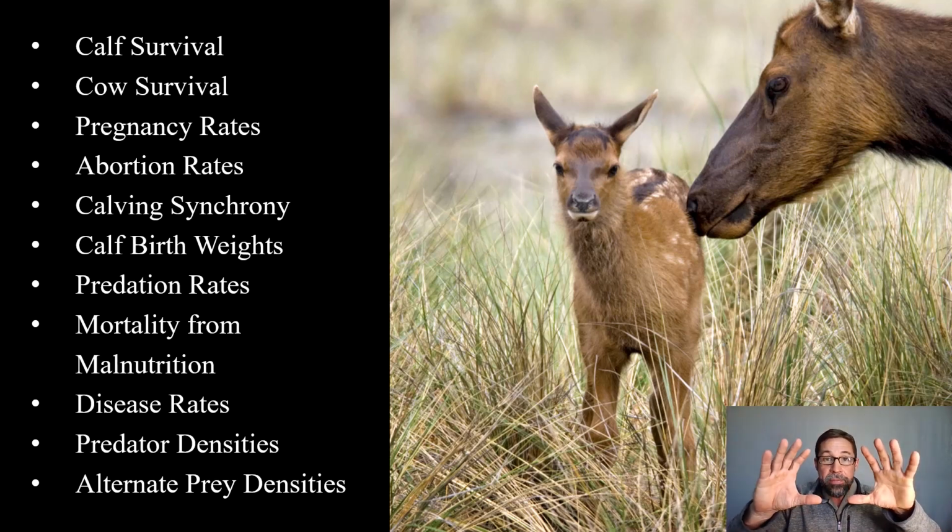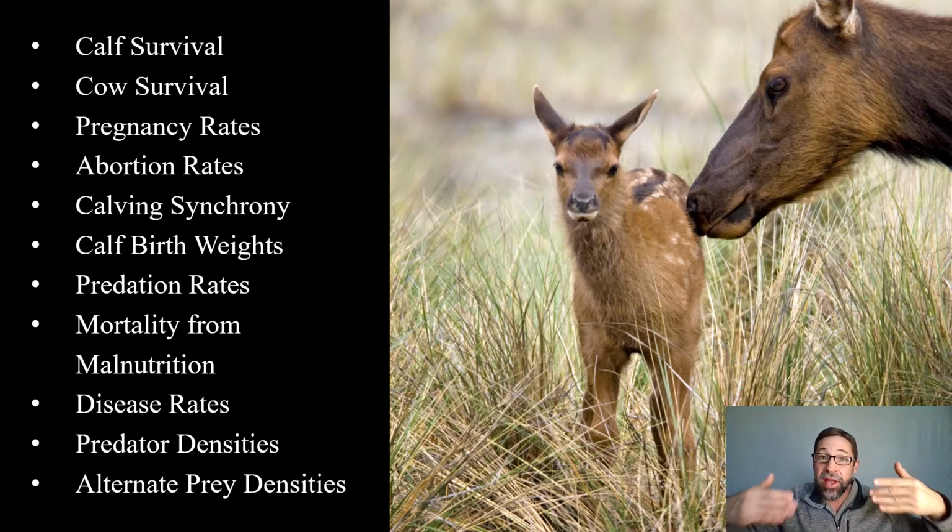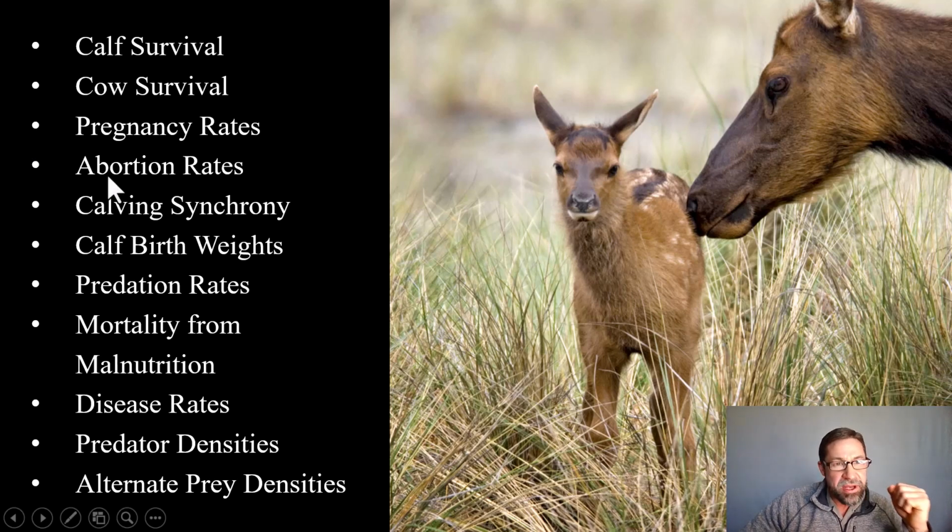So we would, in late winter, spend hours watching cows and then collect fresh fecal samples to determine the level of progesterone metabolites to determine pregnancy rates in that way. We estimated abortion rates as best we could by tracking known cows known to be pregnant to determine if they carried their calf to term.